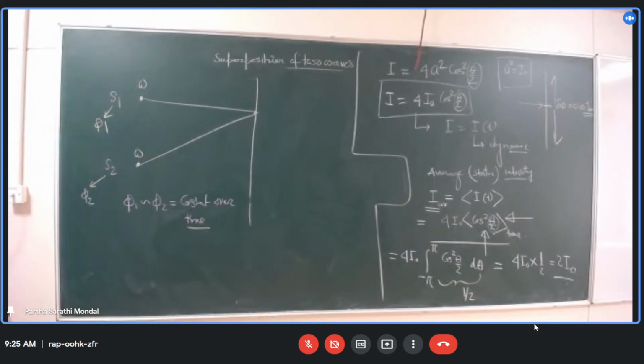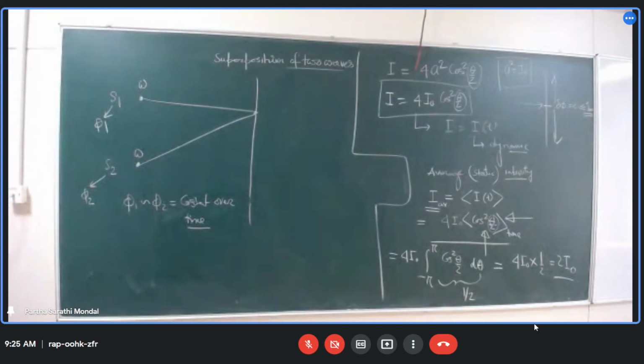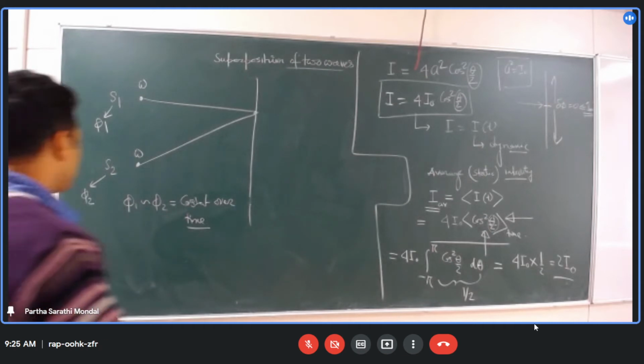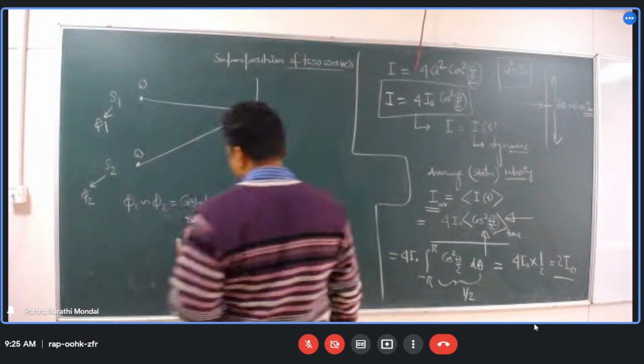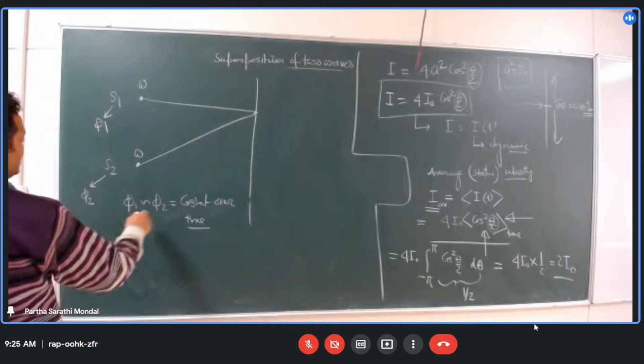ये होना चाहिए. Otherwise, you will get a dynamic interference pattern, and you cannot see the pattern if it is dynamic in nature. So to get a static interference pattern, you need a constant initial phase difference.